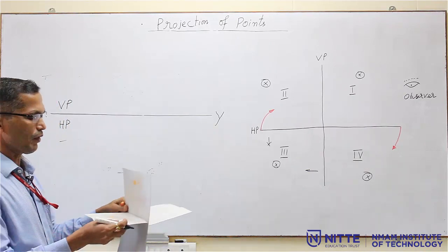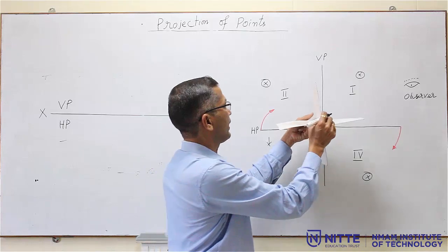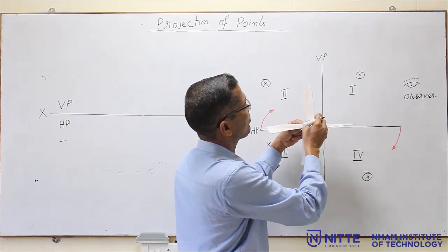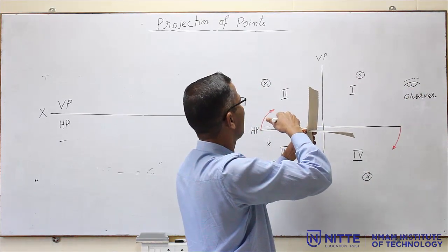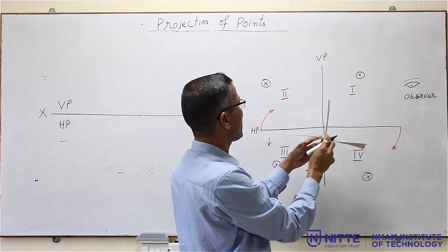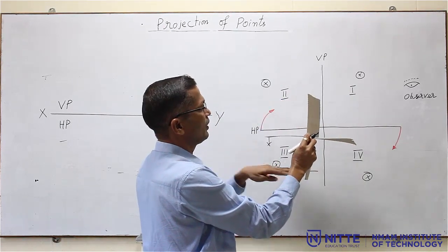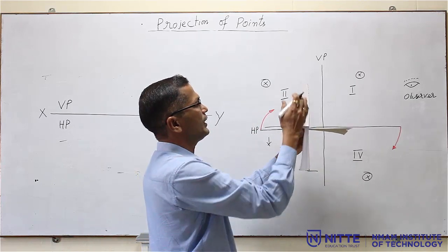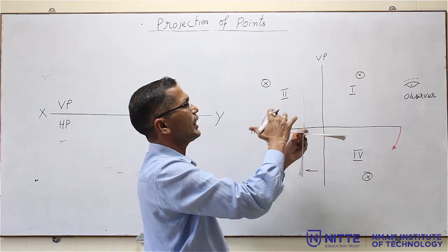Now, what about the second quadrant? If the point is in the second quadrant here, now I am the observer here. So, the point looks like above HP and behind VP. So, I have to rotate the HP in this direction. VP is constant. For the second quadrant, only this portion we are considering. Forget about the remaining quadrants. Only concentrate on the second quadrant.